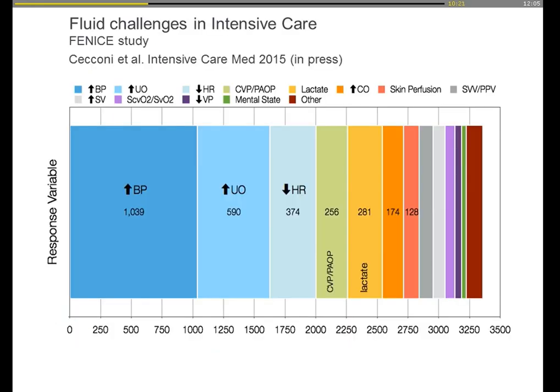And if you then look at what we use to assess the efficacy or efficiency of our fluid resuscitation, and this is data from the recent VENICE study, that's really disappointing, because the indication to give fluids in the majority of patients was hypotension, but also the effect of fluid resuscitation on blood pressure is by far the most widely used outcome parameter of the effectiveness of the fluid resuscitation, next to urine output and a decrease in heart rate.